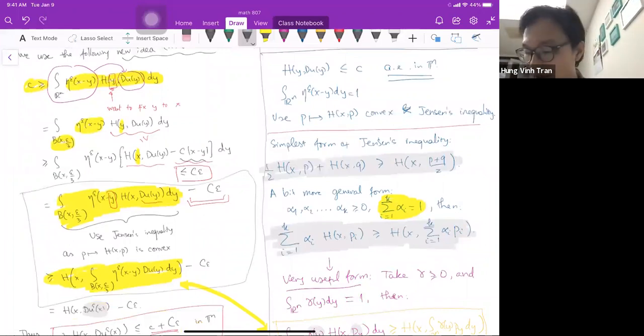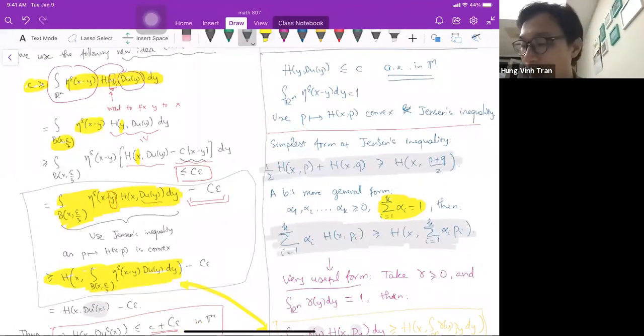Instead of having h of the integral inside, you can just write the supremum of h of x minus y, and that one is essentially of the size of c plus c epsilon as well. So that's exactly what we would have, and we are done.